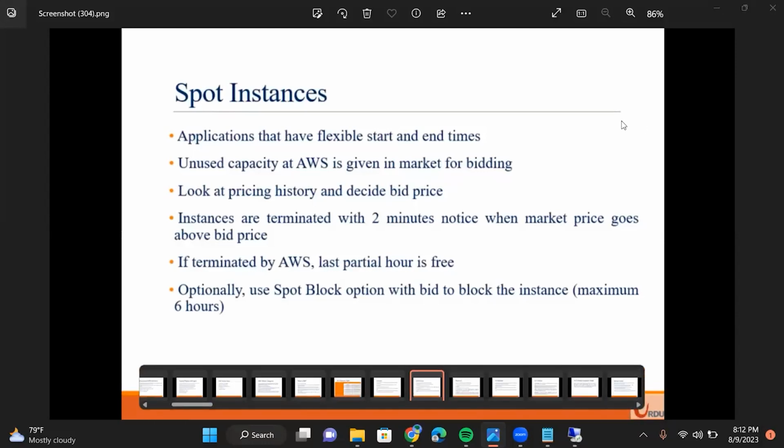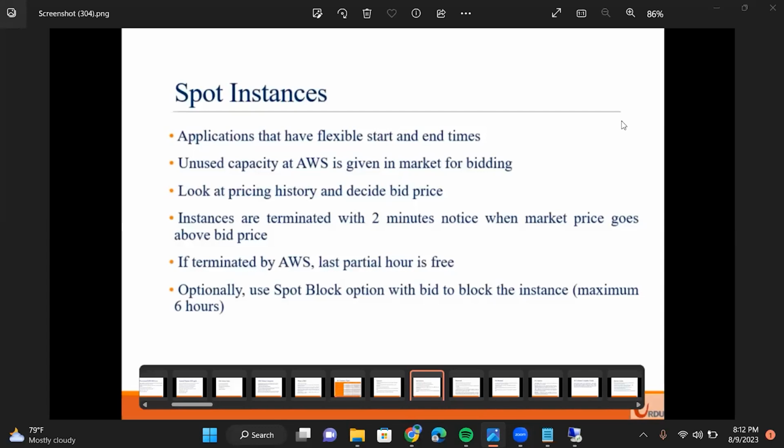An EC2 instance is just that they have their server set up somewhere physically and we are just accessing it remotely. In the spot instance, we bid for particular instances, some virtual machines. Why are we bidding for them?